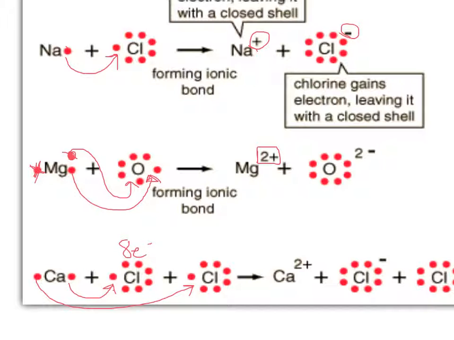It still has one more that it wants to get rid of. So it will get rid of that one more to a second chlorine atom. Again, since it gave up 2 electrons, it will have a positive 2 charge. And each of these chlorines will have a negative 1 charge because each one gained 1 electron. Oxygen up here has a negative 2 charge because it gained 2 electrons.